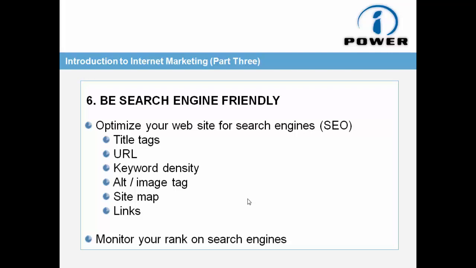Be a friend to Google. Be Google friendly. Welcome Google when its robot comes to your website. Make sure that you inform Google who you are and what you do well. Sometimes I make a comparison: Google is like a mailman. When a mailman comes to your house, don't you want to put a sign saying, this is house number 48, for example?